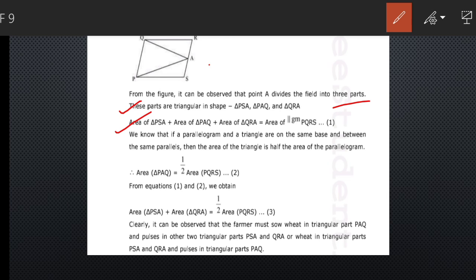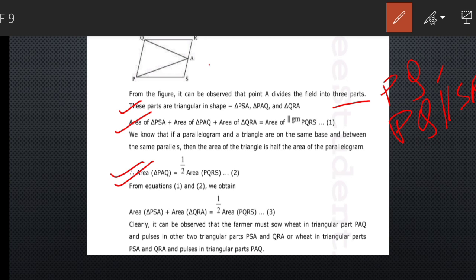Now the triangle PQA and the parallelogram PQRS lie on the same base PQ and between the same parallel lines, PQ parallel to RS. So we can say the area of the triangle is half of the area of the parallelogram.